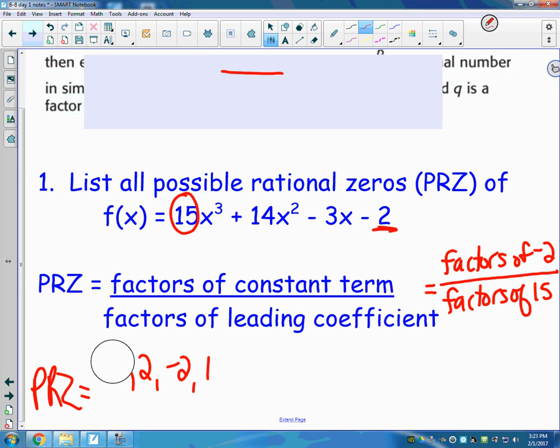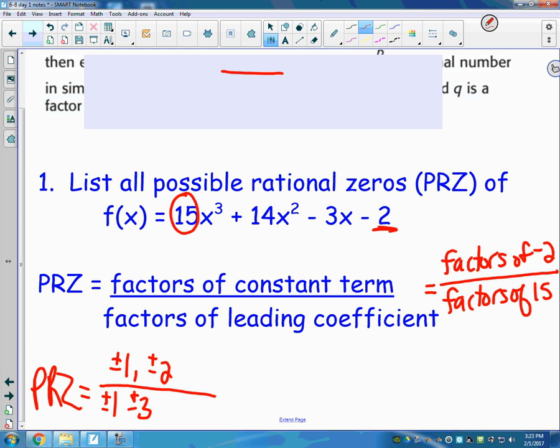So you can always change the signs. So we're just going to say plus or minus. So we're going to say plus or minus 1 and plus or minus 2. Those are factors of 2. And factors of 15 are plus or minus 1, plus or minus 3, plus or minus 5, plus or minus 15, right? Factors are things that divide into 15 evenly.